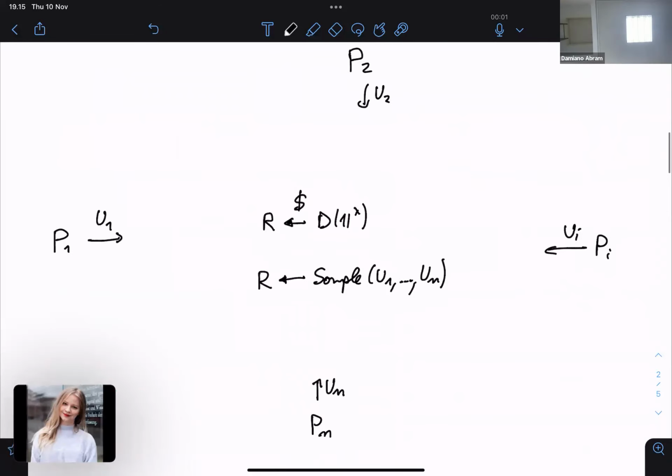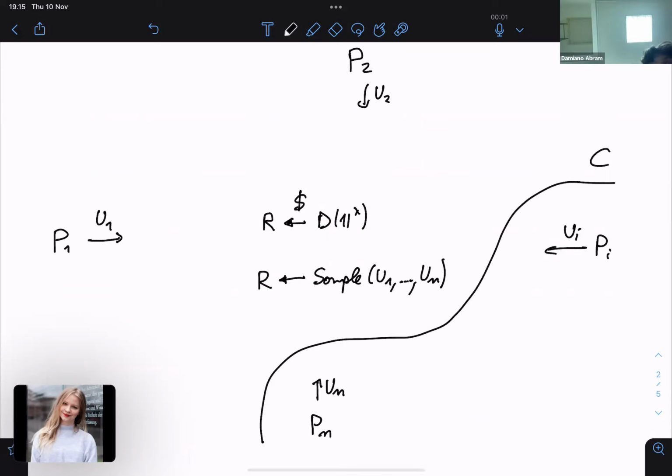So when the adversary is active, it can first wait for the messages of the honest players, and then it can choose adaptively the messages of the corrupted parties. So suppose that these two players are corrupt. The adversary first waits for U1 and U2. And then it can rerun the distributed sampler in its head many times using U1 and U2, but regenerating UN and UI every time.